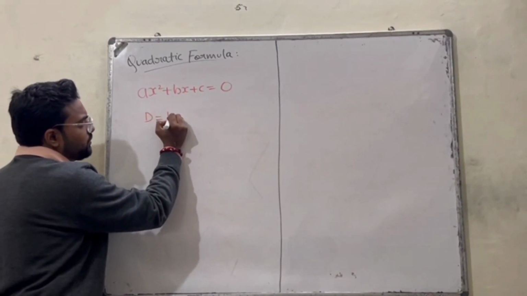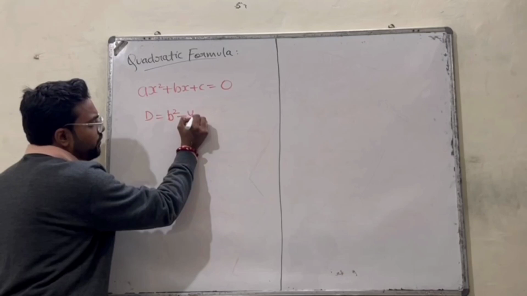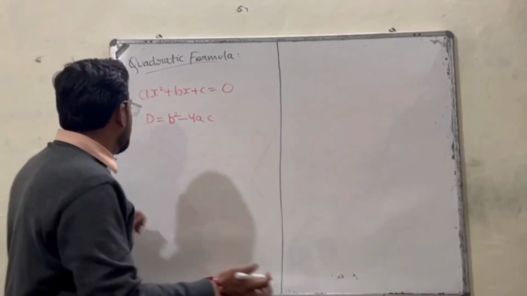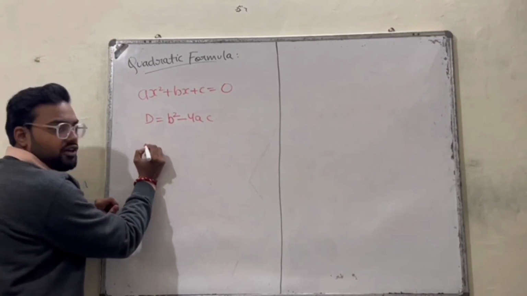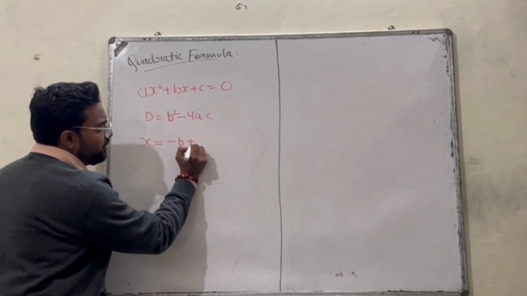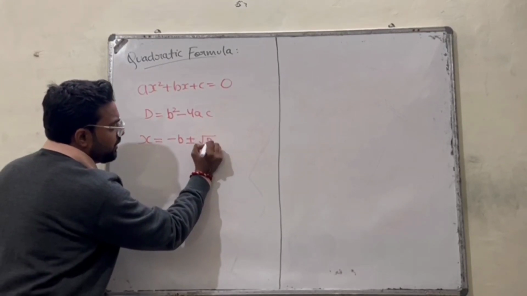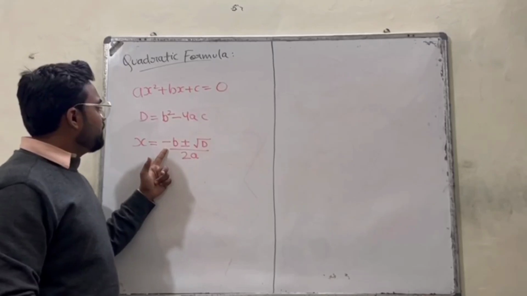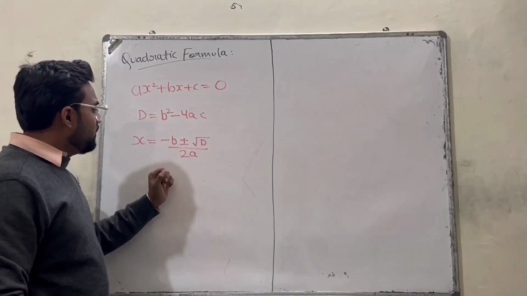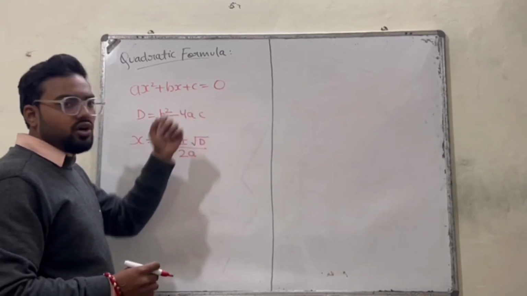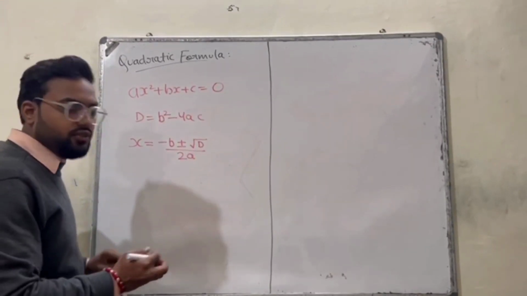D is equal to b square minus 4ac, where D is known as discriminant. And so our roots are x is equal to minus b plus minus root D upon 2a, where b is the coefficient of x and a is the coefficient of x square, and c is the constant term of the quadratic equation.